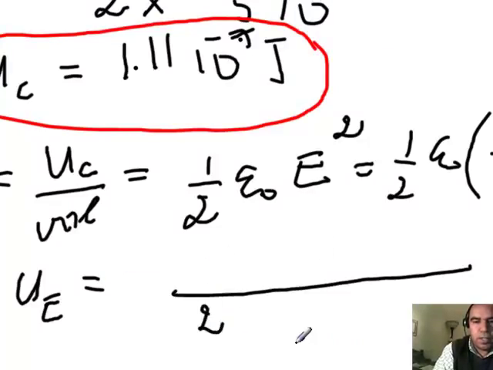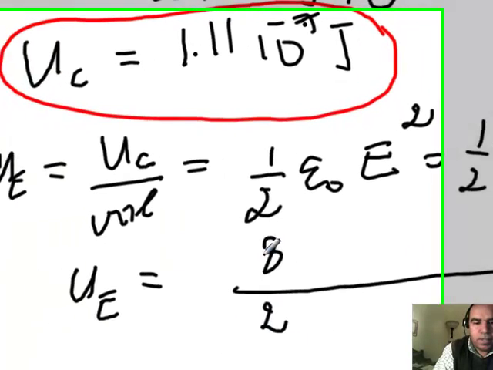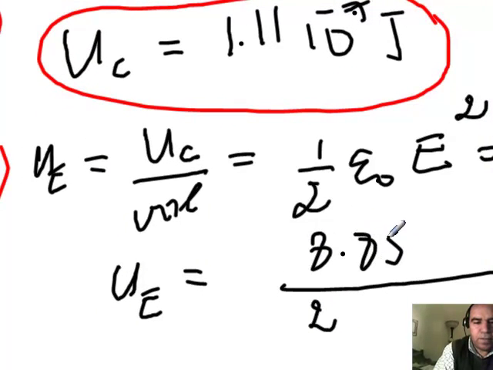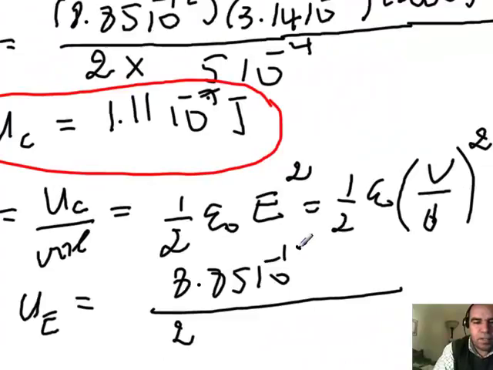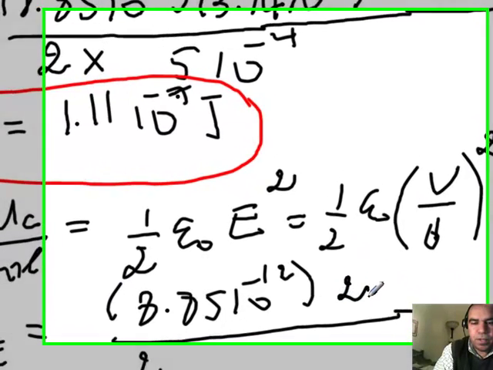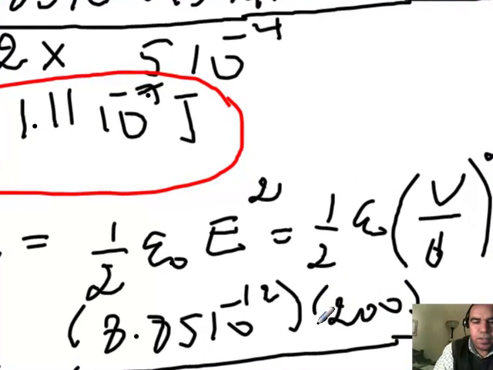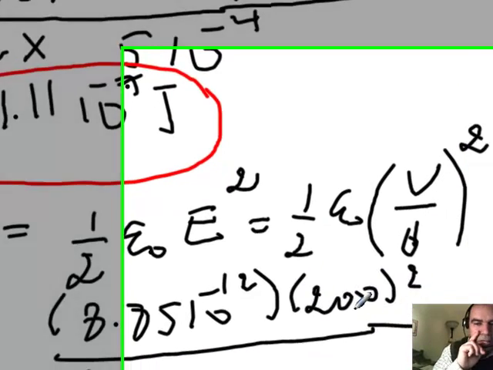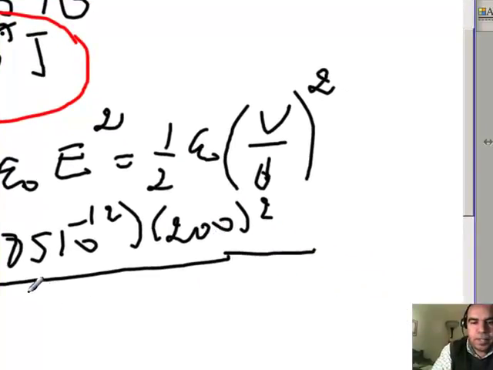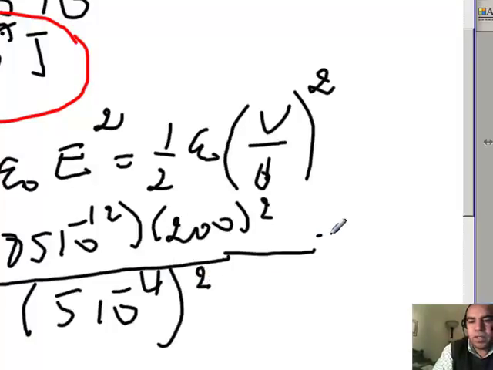This is 1/2, 8.85 times 10 to the negative 12, this is epsilon 0, and then I have V squared, that is 200 volt squared, and the D squared is 5 times 10 to the negative 4 squared.